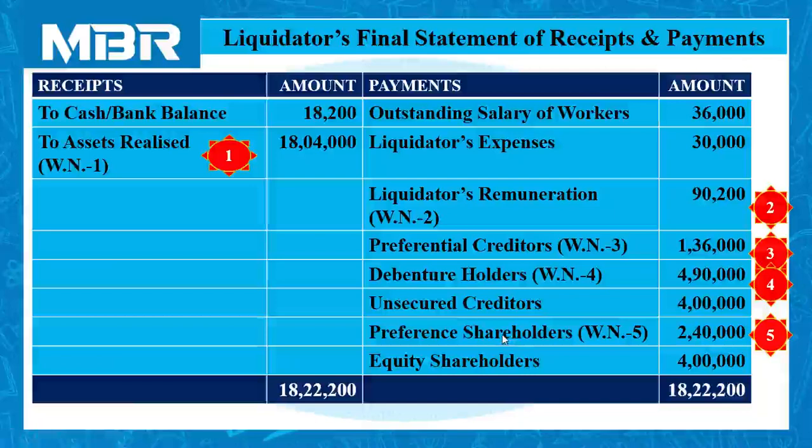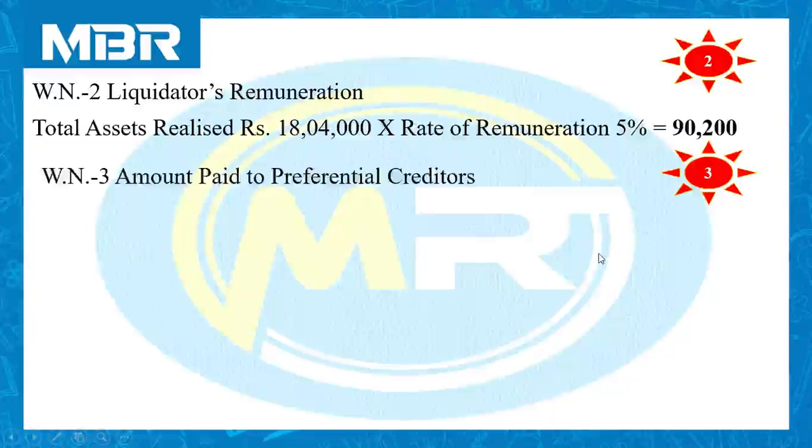Third phase of payment, preferential creditors. For the payment to preferential creditors, we need to prepare working note number 3, and it is one of the most important calculations. Working note number 3, amount paid to preferential creditors.